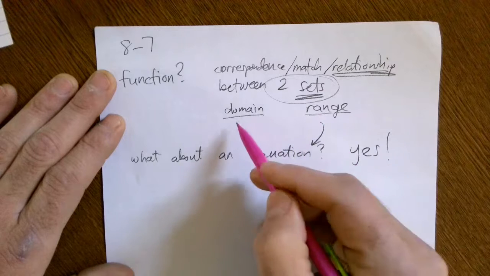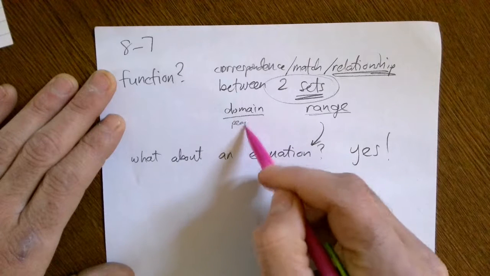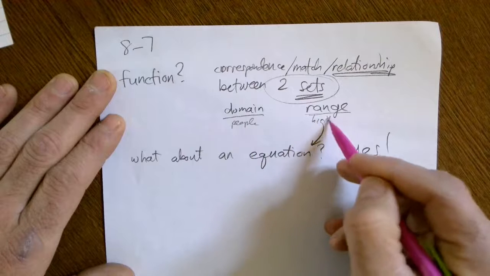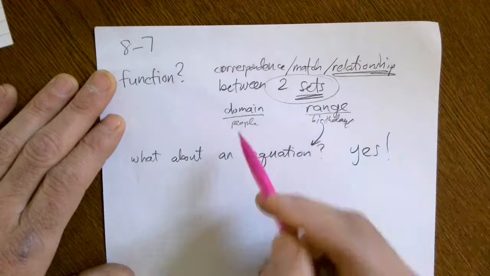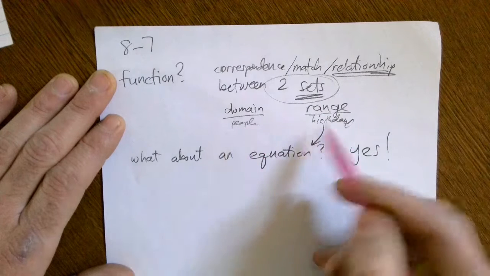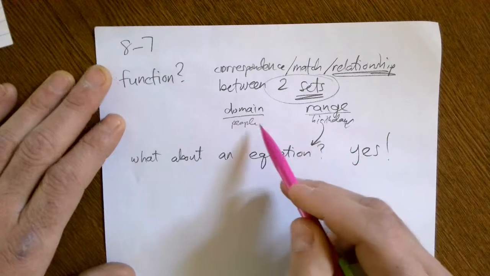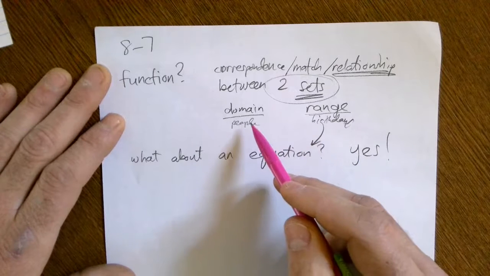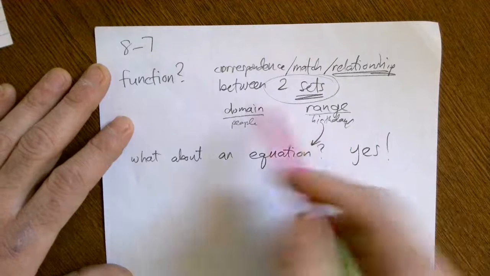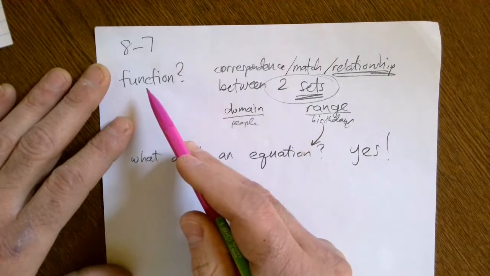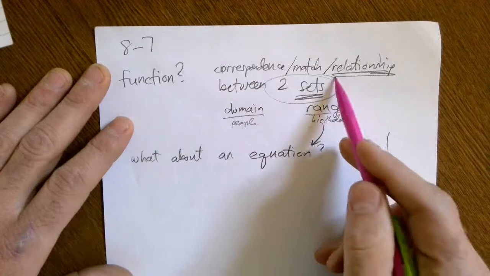So for example, if I gave you a list of people and birthdays, so a list of people is the domain and the birthdays are the range, you can't have one person with multiple birthdays. That would not be a function. It would be a relationship between them.